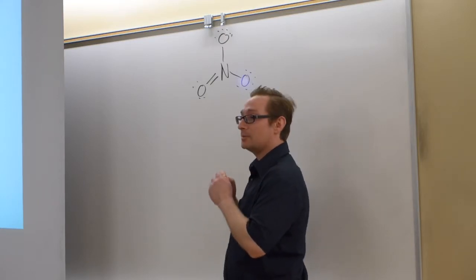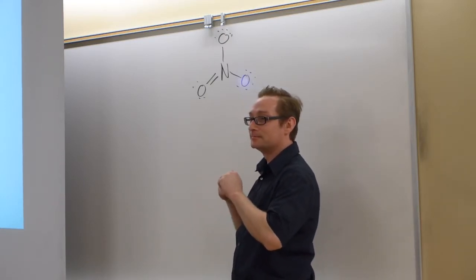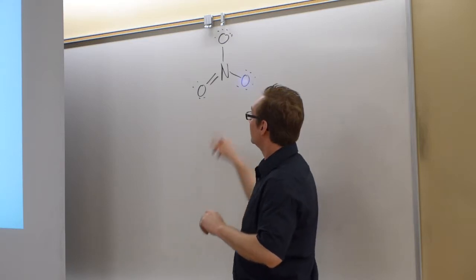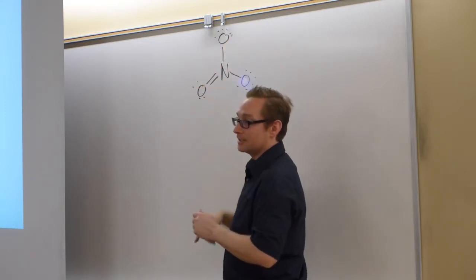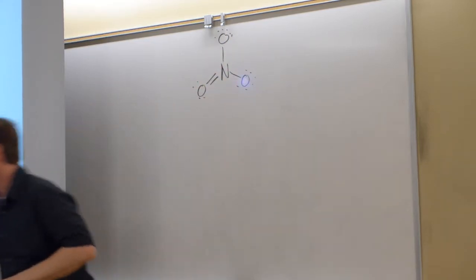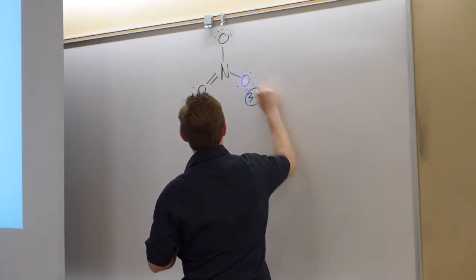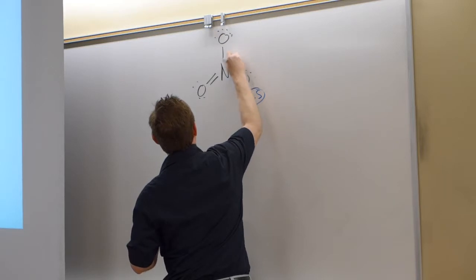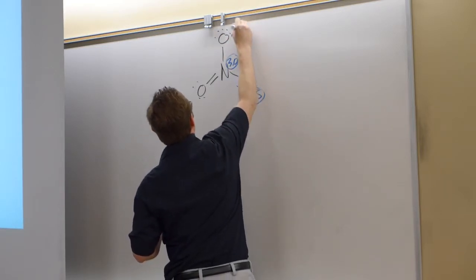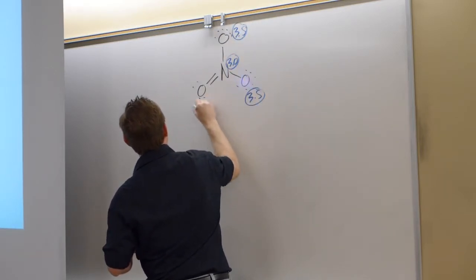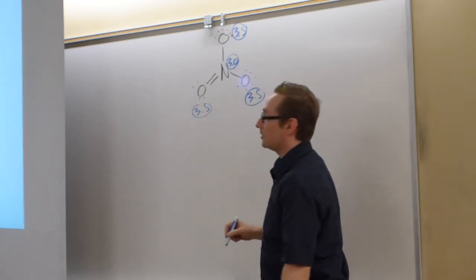Non-polar. Why is it non-polar? Yeah, the O's are all in opposite directions, right? So I've got 3.5 here, 3.0 there, I've got 3.5 all around.